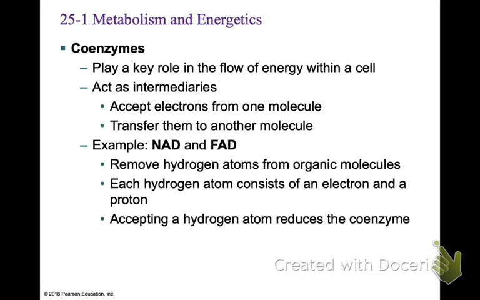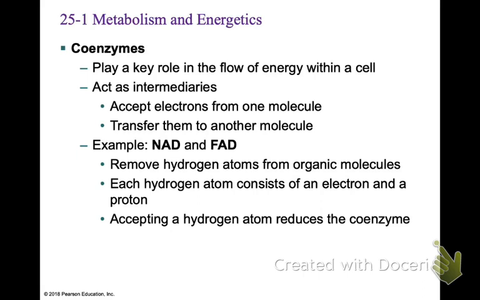All right, well, enzymes can't work in a vacuum. They need some coenzymes. We're going to see there's a number of important coenzymes. Technically, ATP is a coenzyme. Coenzymes are organic molecules that are carrying something or assisting in some way. ATP is a coenzyme because it carries high-energy phosphates from one reaction to another.